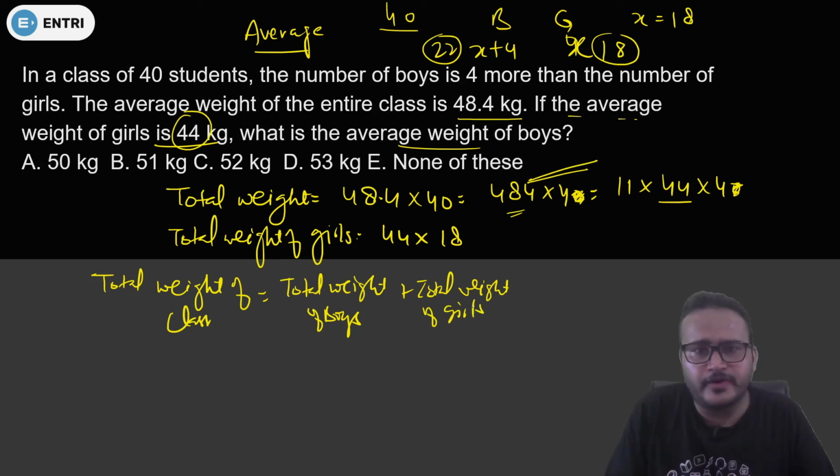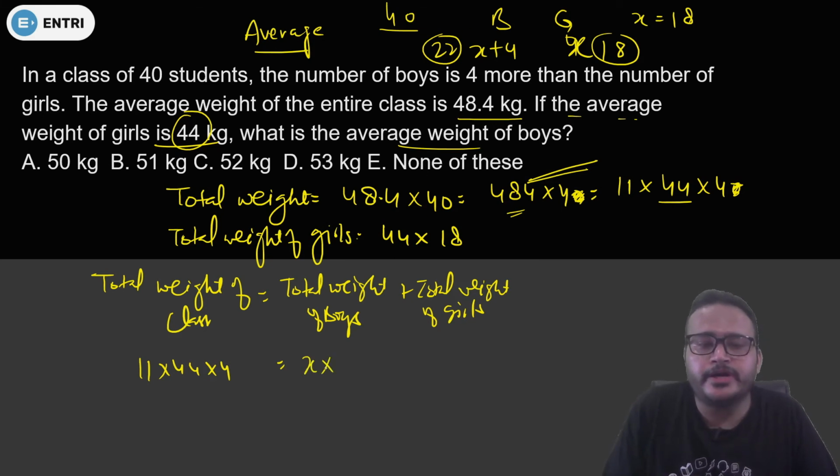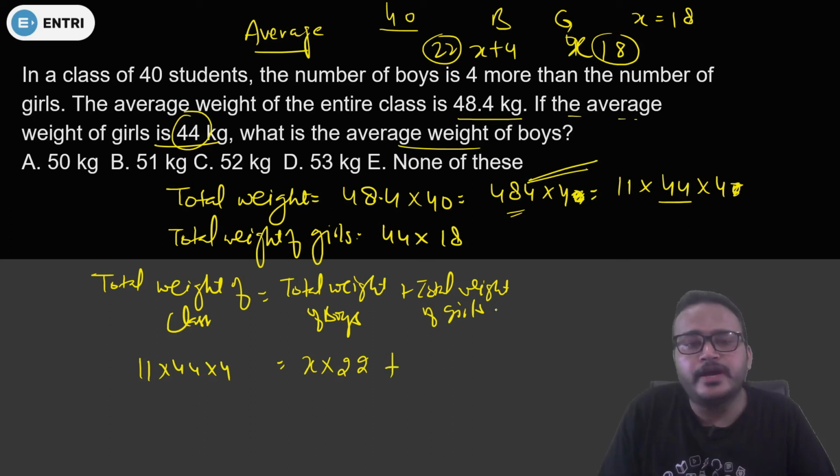Very obvious, there is no rocket science in that. So total weight of the class is 11 multiplied by 4 multiplied by 4, and total weight of boys we do not know. The average weight of the boys we need to find. If the average weight of the boys is x and the number of boys is 22, the total weight will be 22 multiplied by x, plus the total weight of girls, 44 multiplied by 18.